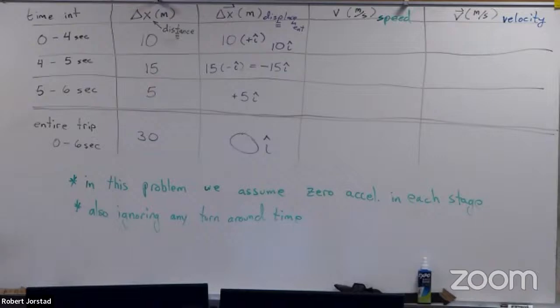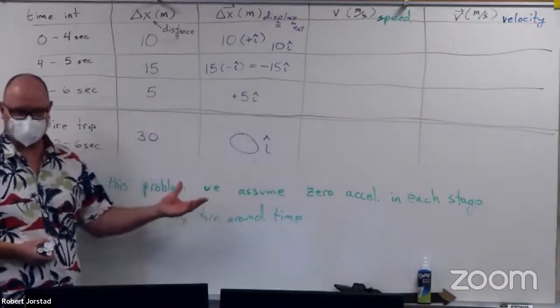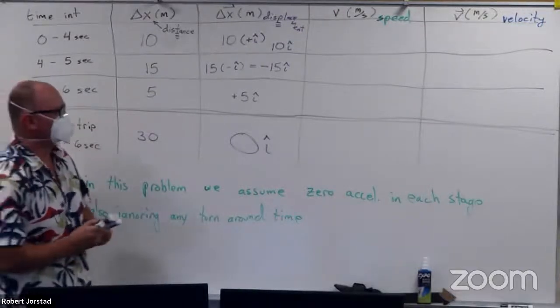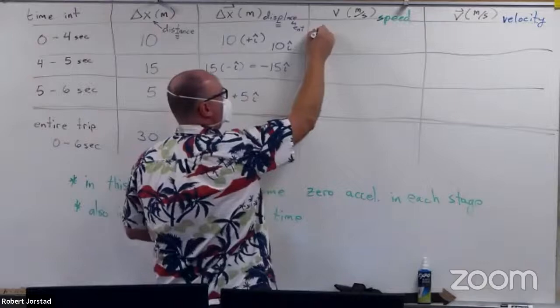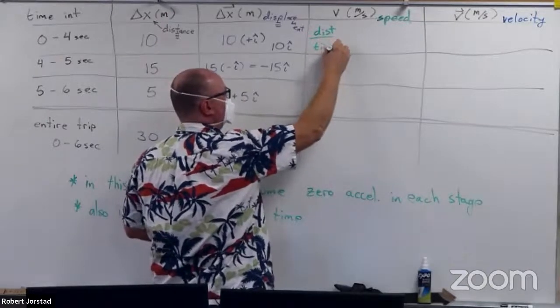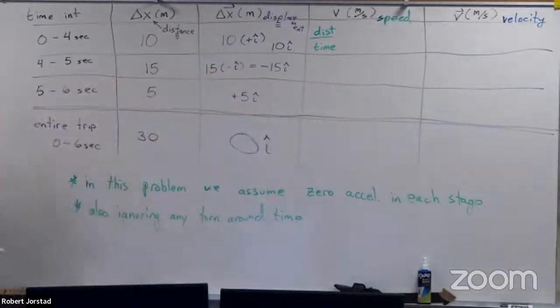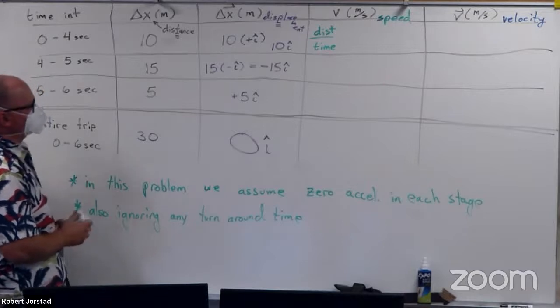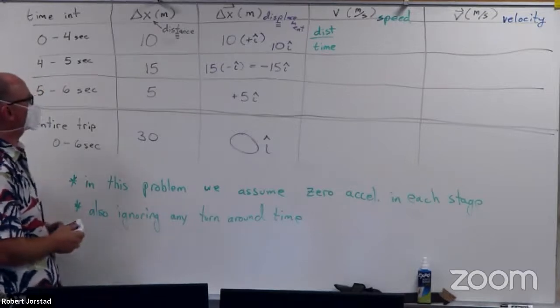All right. If that is the case, if we don't have any acceleration, then we could use distance equals rate times time, right? So what is the speed? Distance over time. What is the distance traveled? 10, right? And then what is the time? 4 seconds.